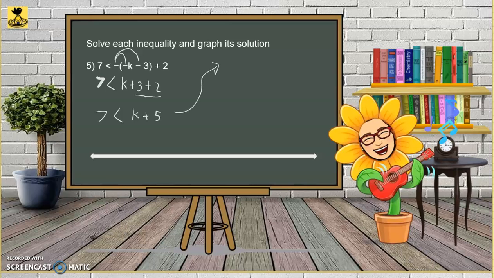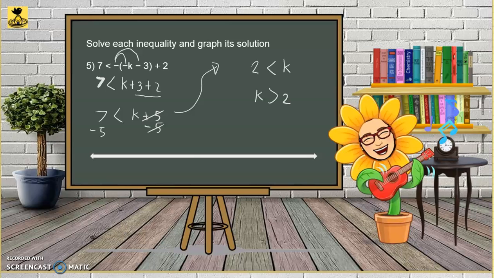So we will continue here. So 7, we subtract 5 on both sides. We don't want plus 5, so minus 5, this will be cancelled out. So 7 minus 5 is 2, is less than k, or k is greater than 2.